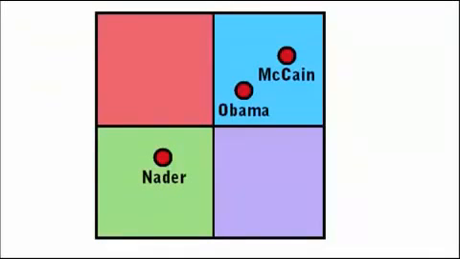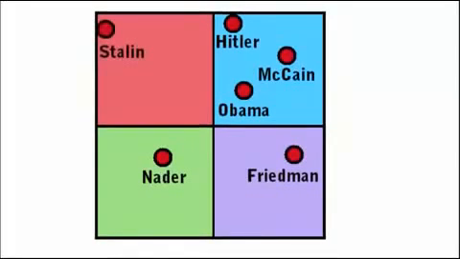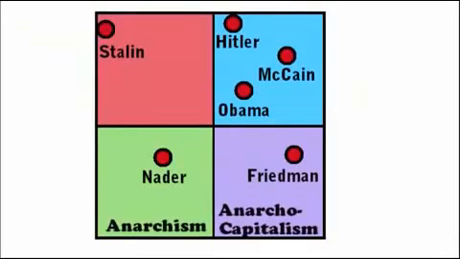Near the authoritarian limit we find Adolf Hitler, while Milton Friedman would be in the libertarian right field and Joseph Stalin in the upper authoritarian left field. It is on the very bottom of this scale that we find anarchism and anarcho-capitalism.